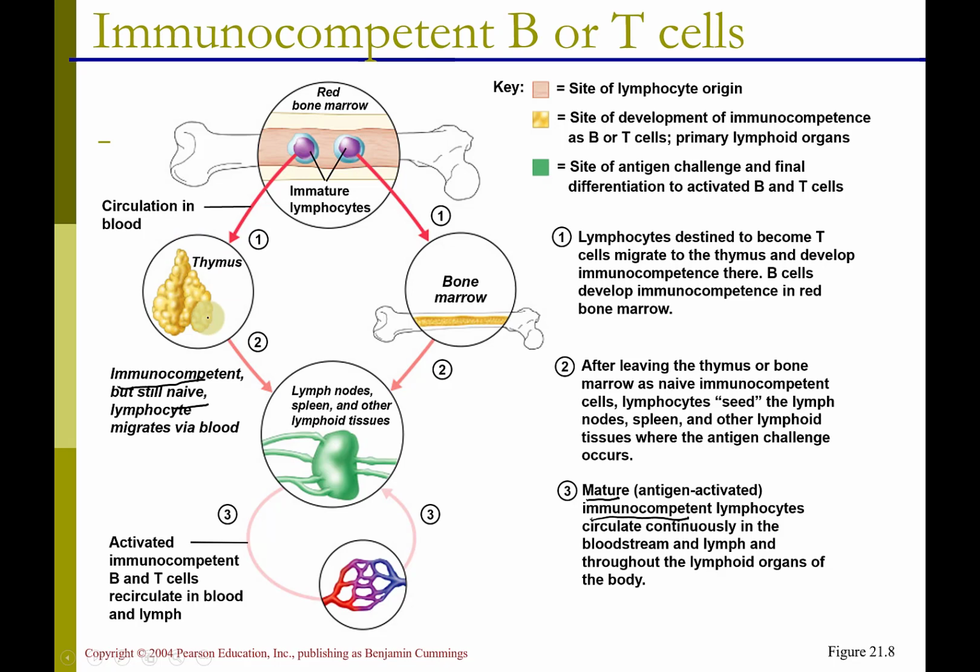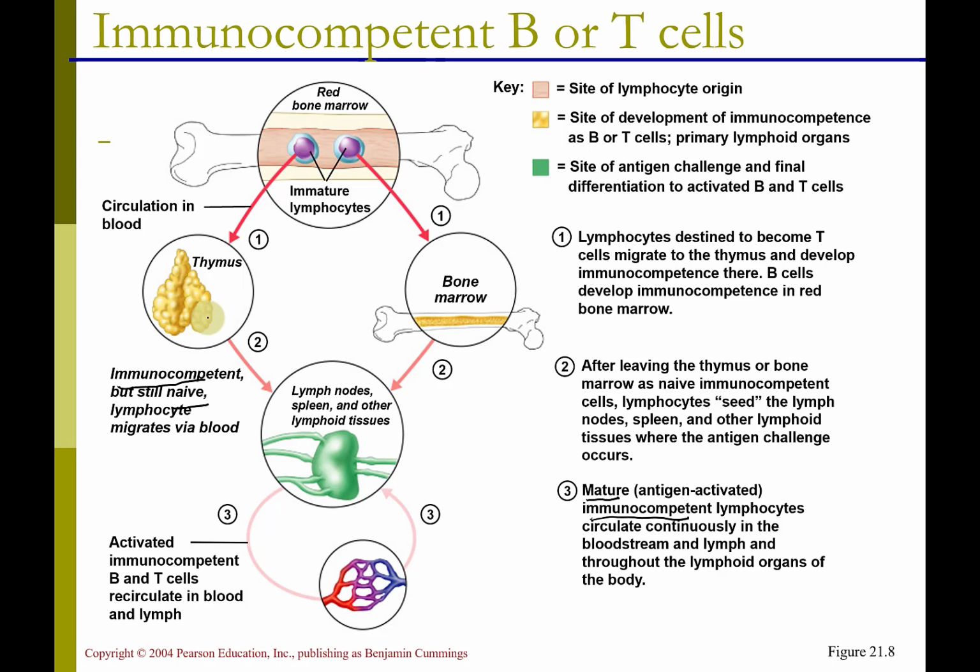And in the thymus, these cells are exposed to 2 tests. The first test is called positive selection. In positive selection, the lymphocytes are presented with the MHC complex. Now remember, MHC complex are the group of proteins found on all your cells that identify your cells as self to the immune system.